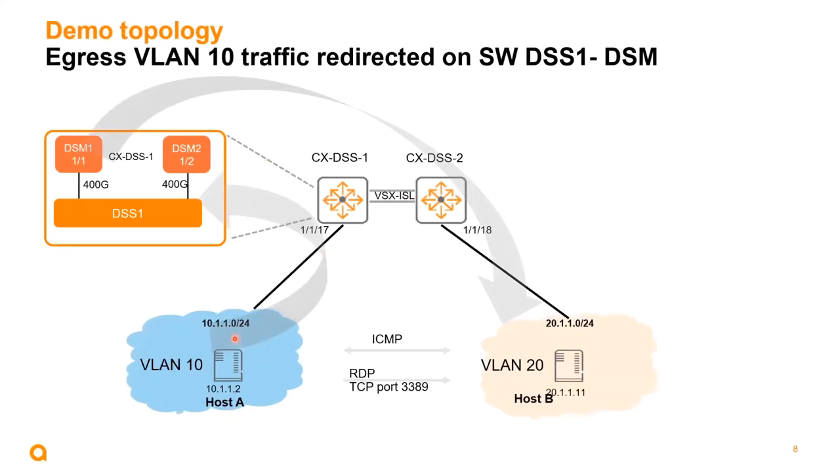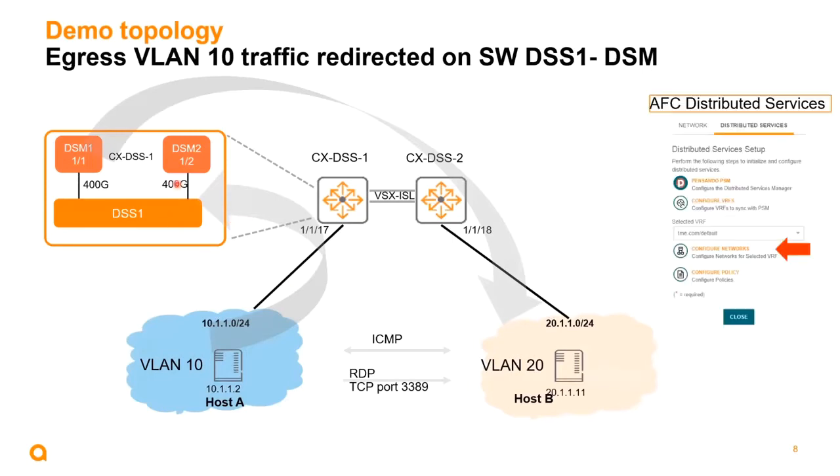In the next phase, we'll redirect the VLAN. This is going to be an egress policy that we're going to apply. First of all, we're going to redirect VLAN 10 to flow through the DSMs. We do this on the distributed services portion of the setup on AFC, where we configure networks.